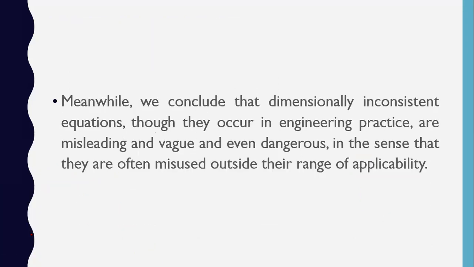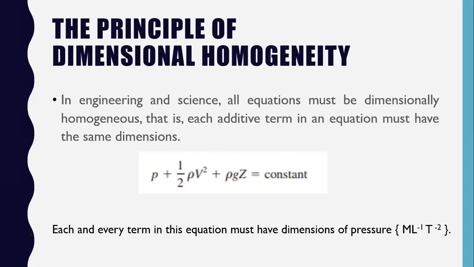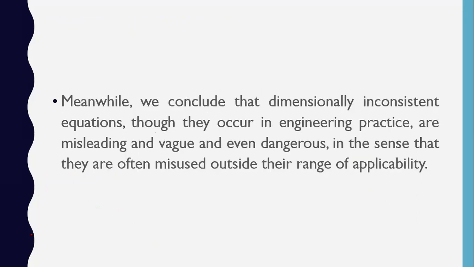So this is dimensional homogeneity. Before this explanation, I should say that in engineering and science, all equations must be dimensionally homogeneous, but you cannot simply assume that all equations are. In some cases, researchers do a linear regression analysis, and with the help of that they form some equations.